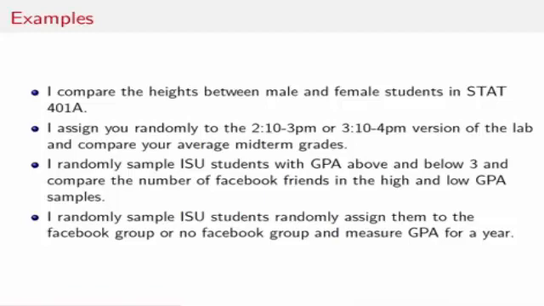And I can also generalize this statement to the entirety of the student population at Iowa State. I cannot, however, generalize this to a broader population, say of all college or all graduate students in the country, because I've only randomly selected individuals on campus at Iowa State.